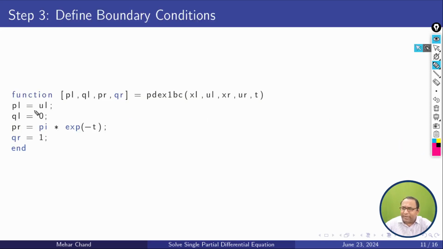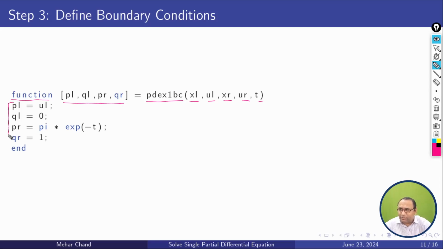So here we have the MATLAB code syntax. This is the signature you can find here: pl, ql, pr, qr is equal to pdex1bc(xl, ul, xr, ur, t). In MATLAB we start with the keyword function.